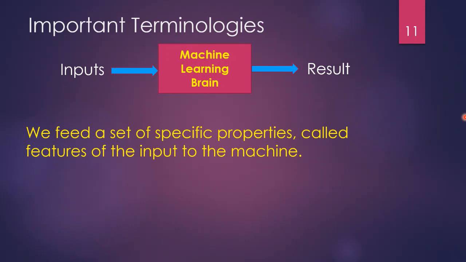Tolerance means, for example, for a particular house, for a particular carpet area or location or the materials used, the model is predicting, say, the price of the house should be 50 lakh. Now, is it really exactly 50 lakh? Or maybe 52? Or maybe 43? Or 40, sorry, 48?